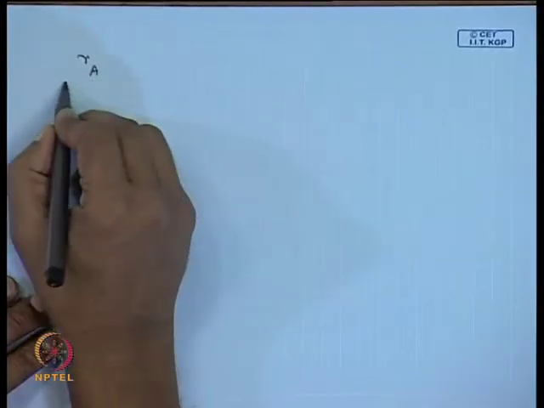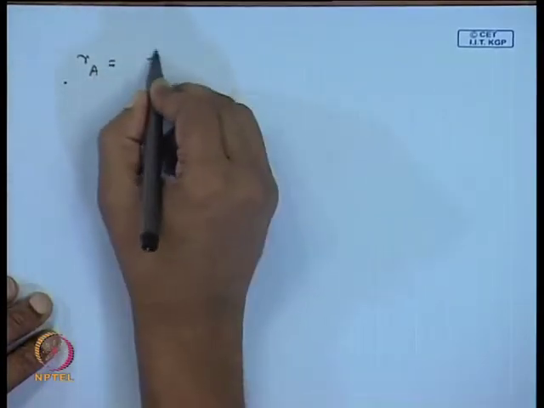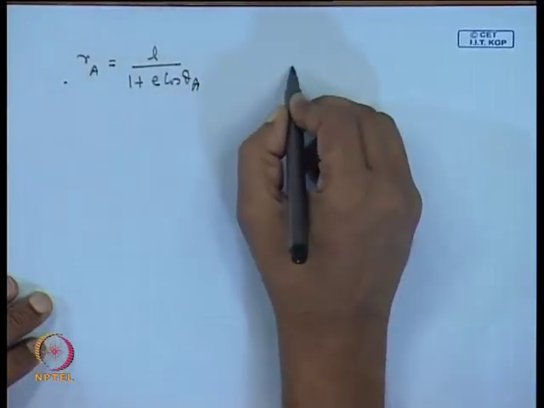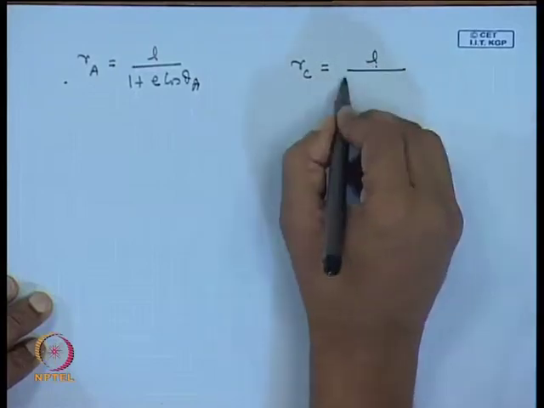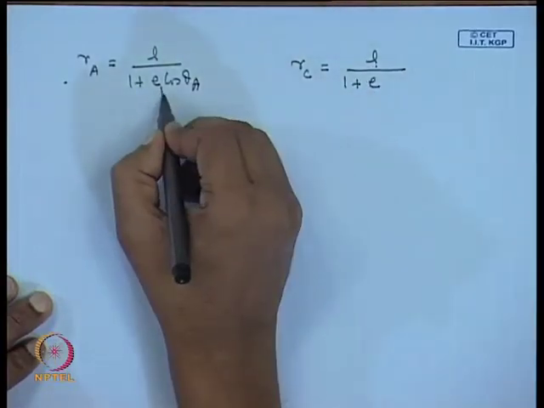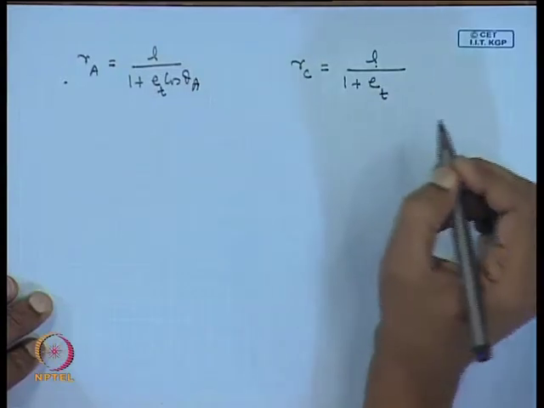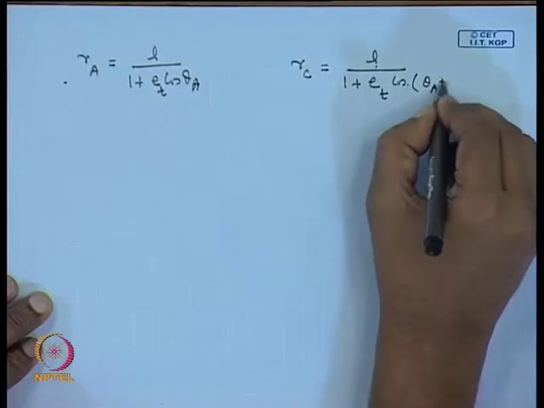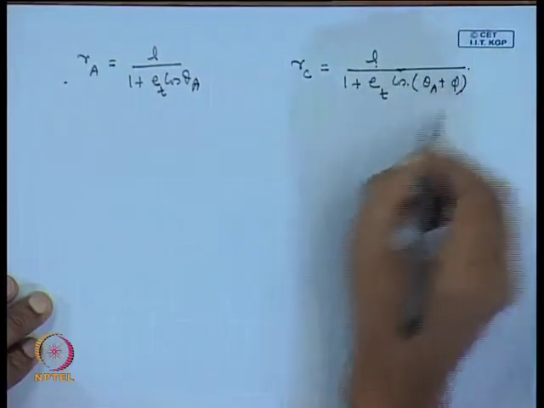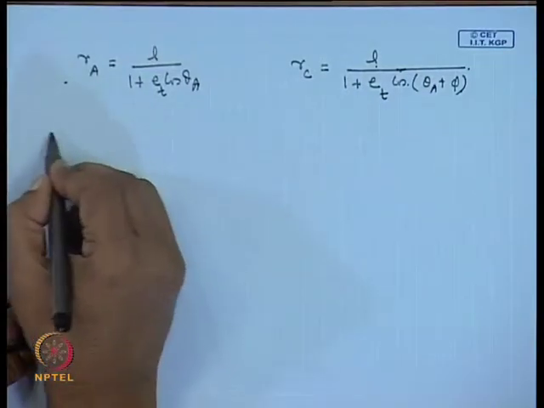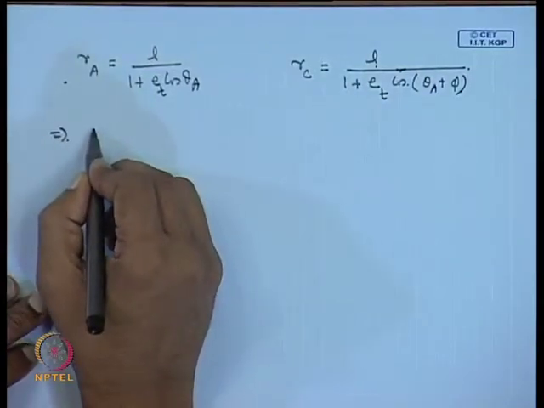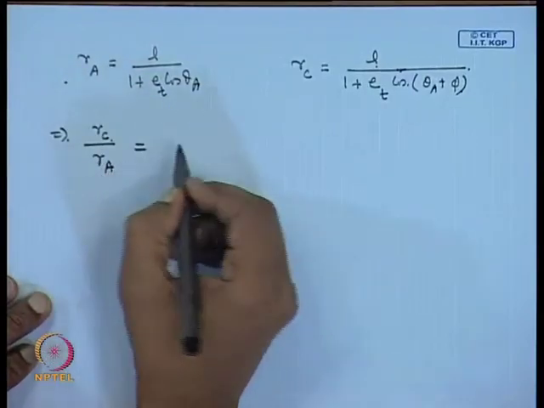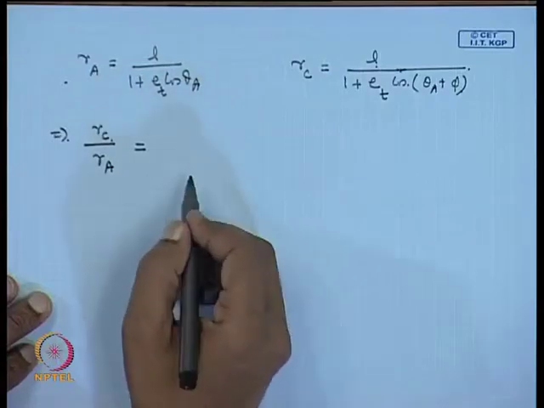So, we have R a equal to L by 1 plus E cos theta a, and R c equal to L by 1 plus, and here T we will put here to indicate this is eccentricity of the transfer orbit, E t cos theta a plus phi. And therefore, this implies R c by R a.